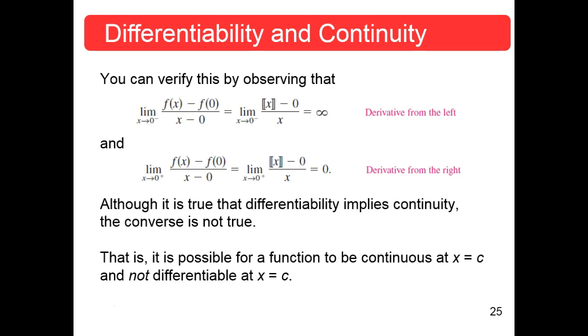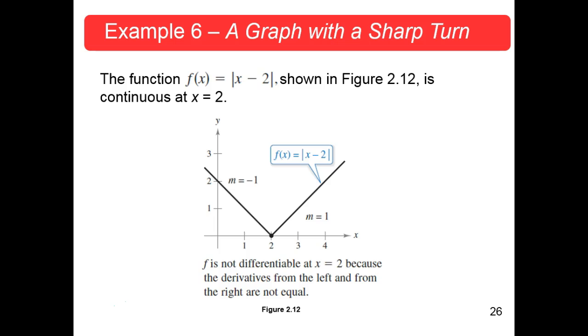Although it is true that differentiability implies continuity, the converse is not true. That is, it is possible for a function to be continuous at a point, but not be differentiable at that point. I think that would make sense to you if you picture what's happening there. The classic example is the absolute value function. They shifted this to the right too, but it's still an absolute value function.